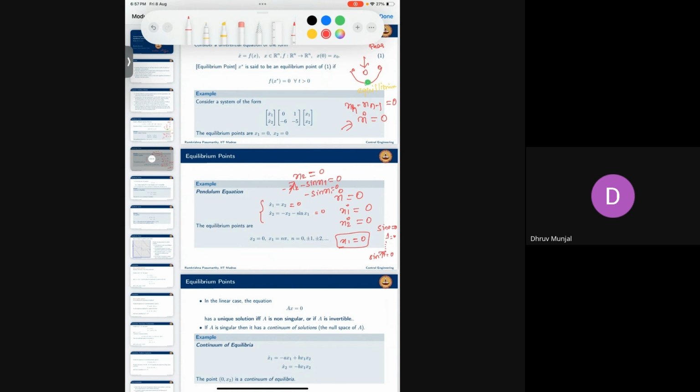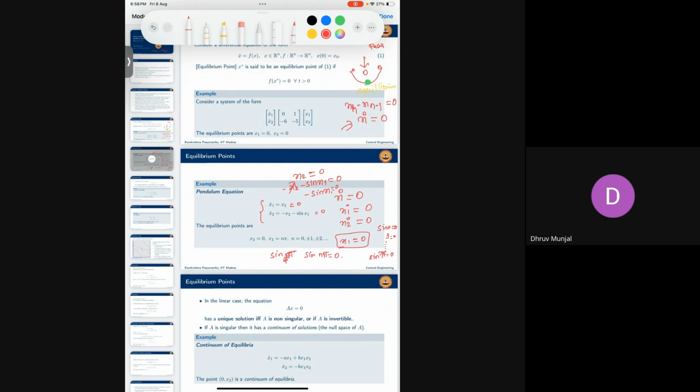Sine pi will give you 0, right? Yeah. So sine pi will give you 0, and 2 pi, 3 pi, 4 pi. So sine n pi will give you 0. So this is a kind of plane only.